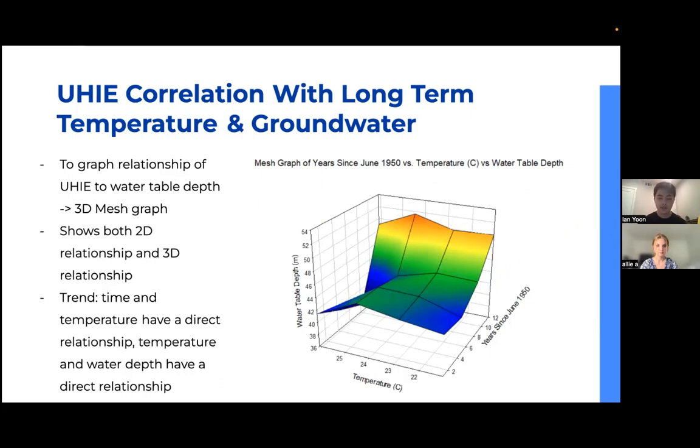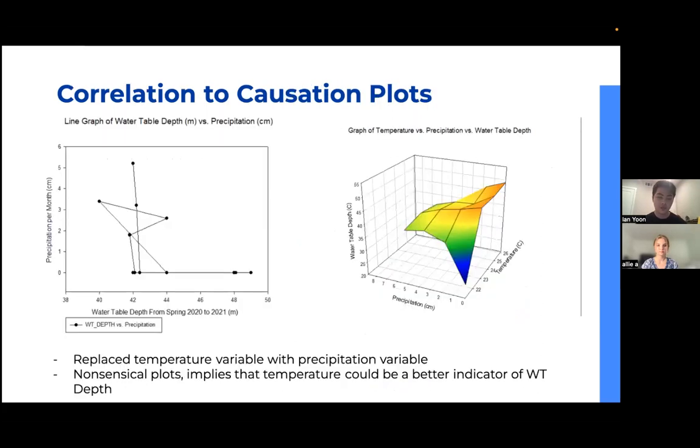Now so far, it's all been correlation, but to dispel the discrepancy between correlation and causation, and to make sure that there is the most amount of causation possible between water table depth and urban heat, we created another table where we examined the relationship between not temperature but precipitation.